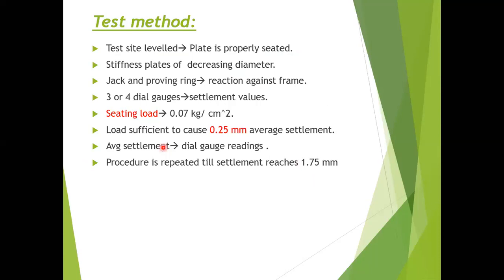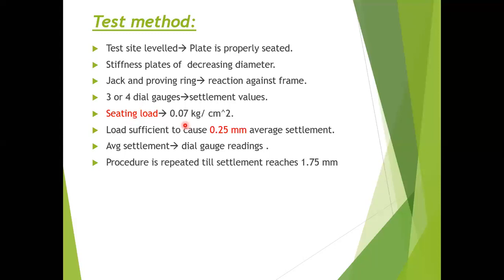And next one is seating load. This is the load which you need to apply. That is, the seating load here is 0.07 kg per centimeter square. Just like in your crushing test, you are applying the load up to 40 tons, that is 4 tons per minute. Like that, here the seating load will be provided.